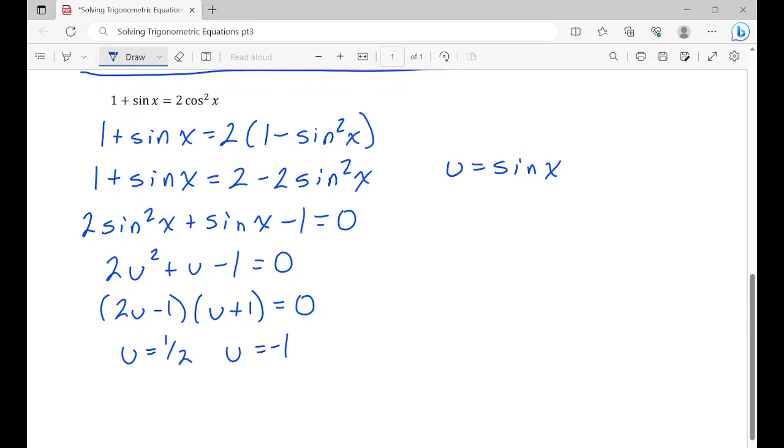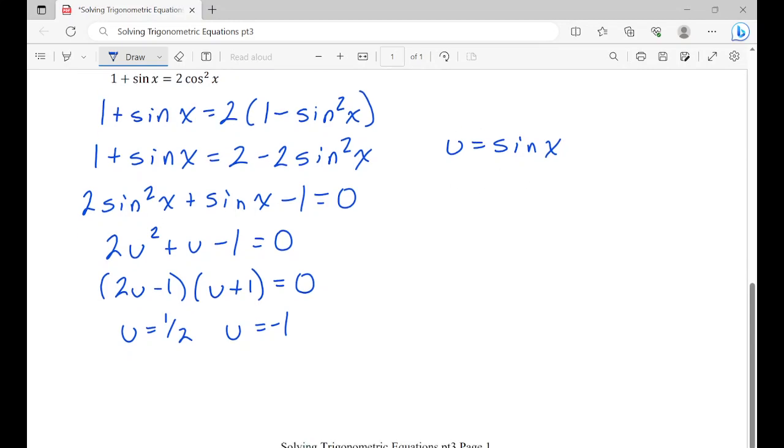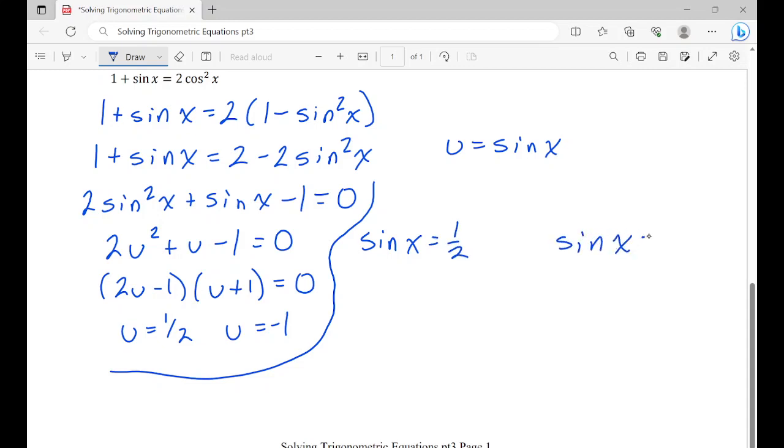So again, I started off with x's and I ended up with u's, so I need to plug these in here to find out what x equals. I'm going to end up with sine x equals a half and sine x equals negative 1.